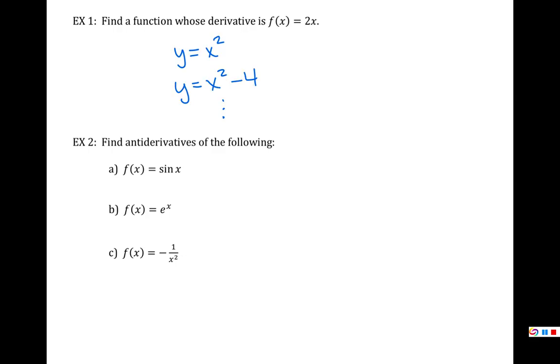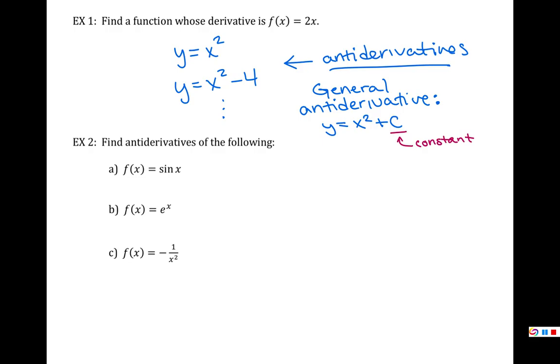Well, the answer would be y equals x squared. It could also be y equals x squared minus 4, y equals x squared plus 5. There's actually an infinite number of possibilities here. To write the general antiderivative, to describe the fact that we could add any constant to our function and it would still have the same derivative, we're going to tack on a plus c at the end of our answer.